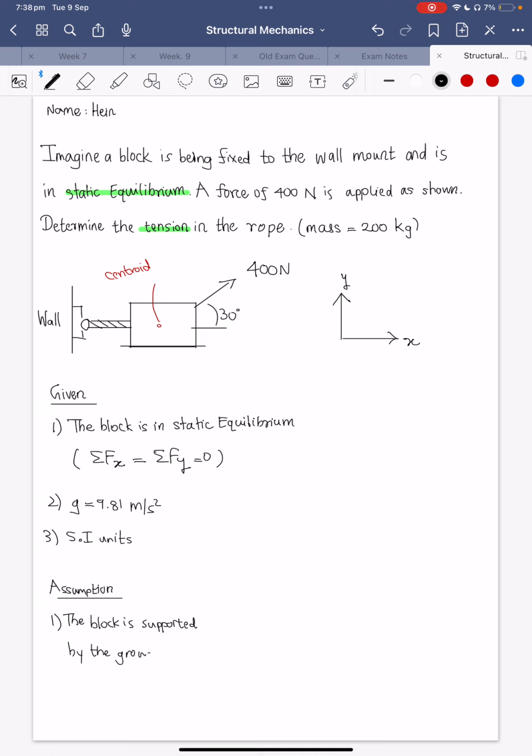Which means there'll be a normal force. Normal force exists. That's what I'm trying to say to be able to solve these problems. So here there are two unknowns to find, which is tension.